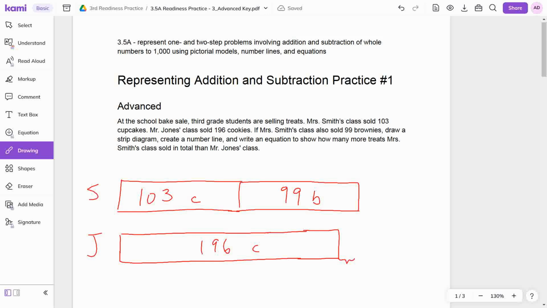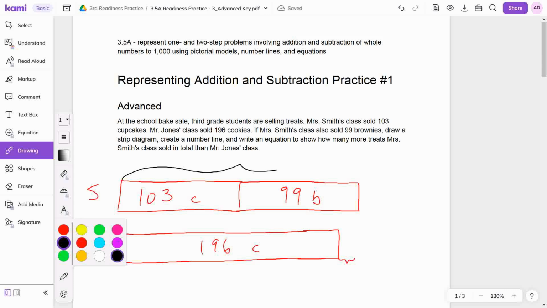So really, this is what I'm looking for. I'm looking for this little tiny gap right here. So I need to figure out how much she sold. Well, I've got the 103 and the 99. And that's the same as 102 plus 100 if you want to use compensation. So that's going to be 202.